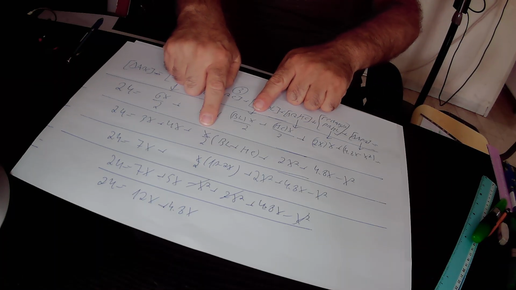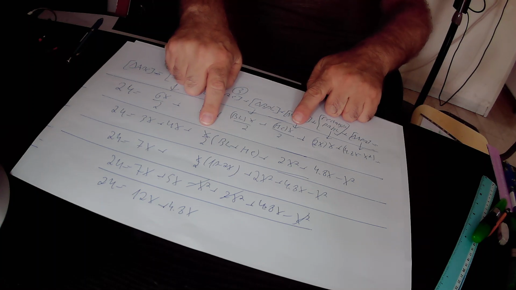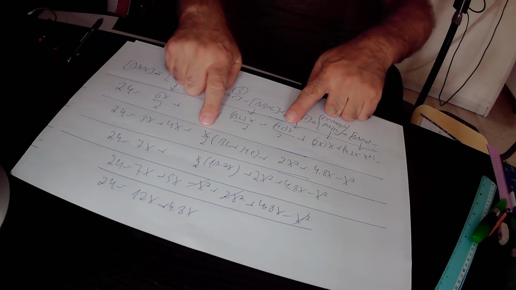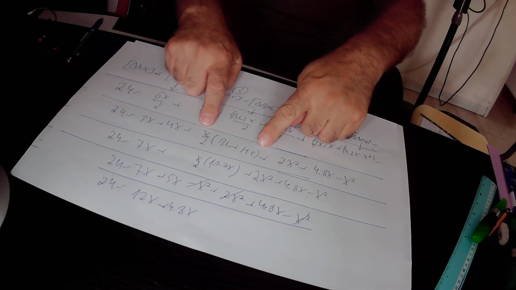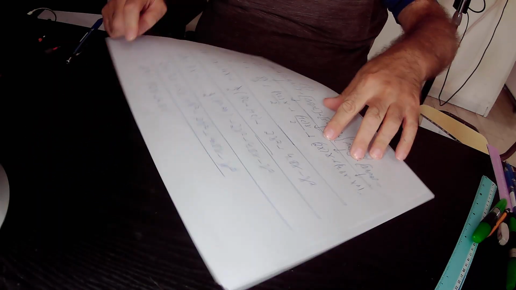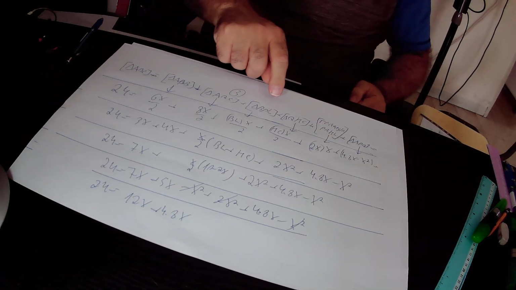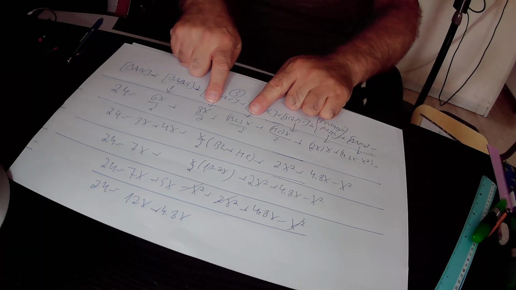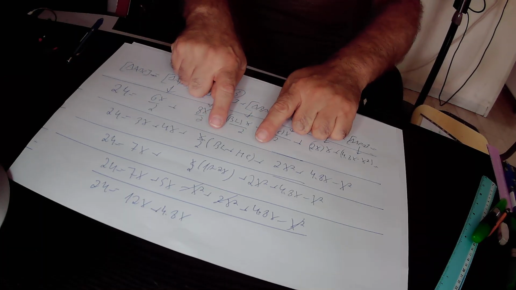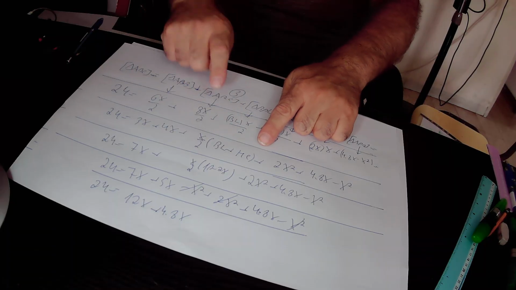What is left is actually BL. Likewise, what is left from this expression is actually KC. So in total, the sum of those two expressions is equal to x over 2 times BL plus KC.